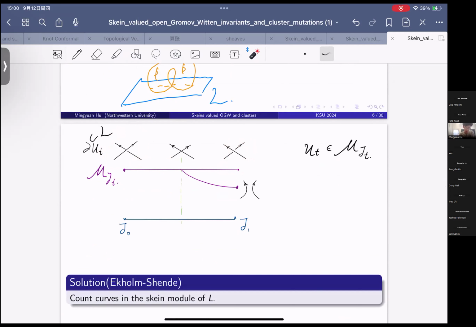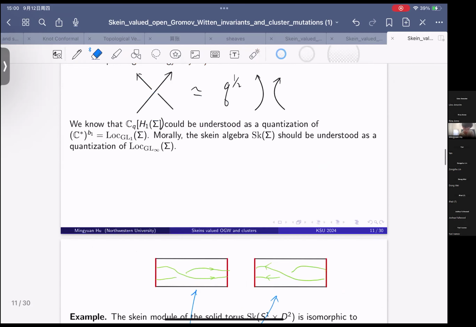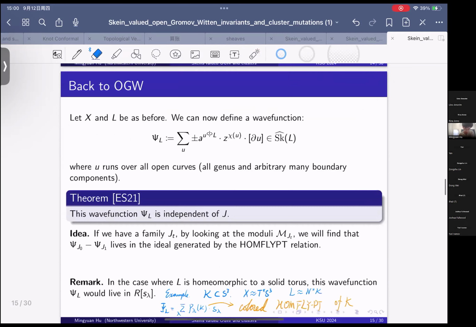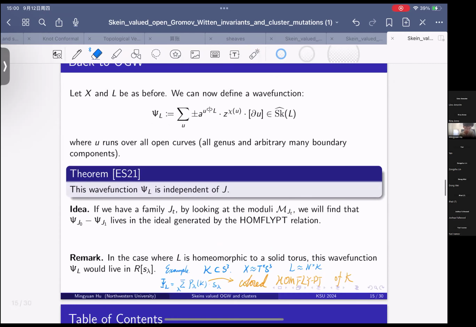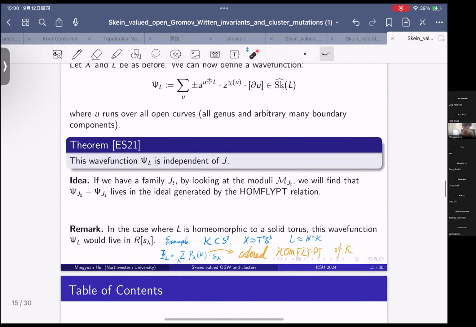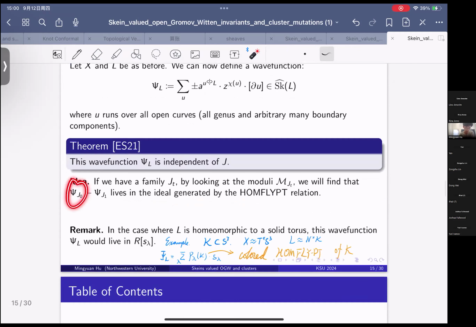So the point is that we have to consider all genus and arbitrary mapping boundary components. And the theorem is that this is independent of J, because if we cross the wall, if you take J.